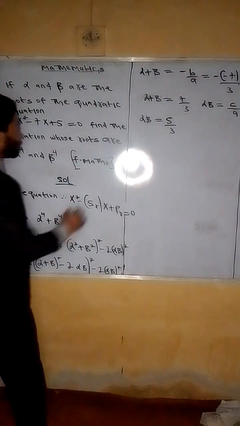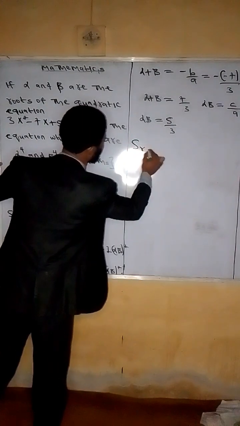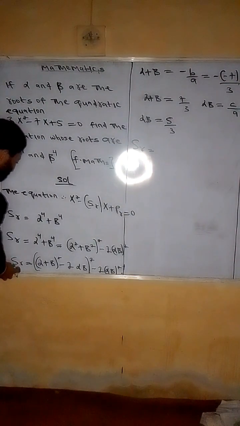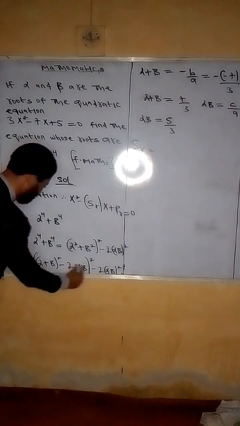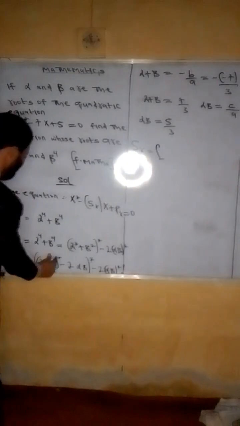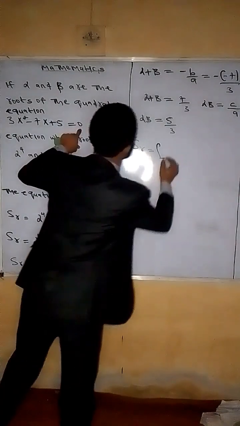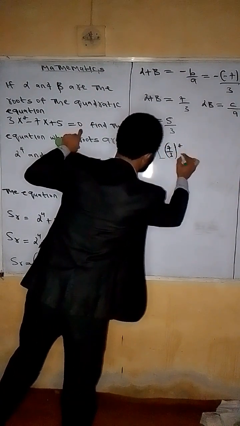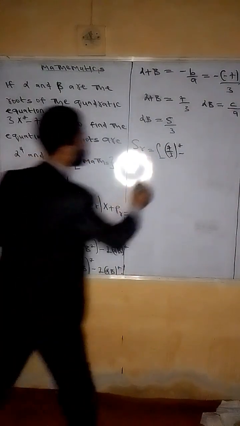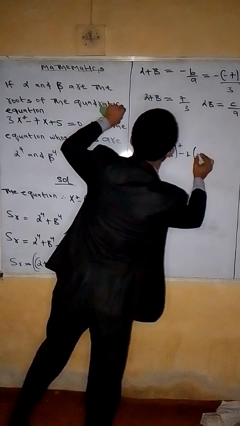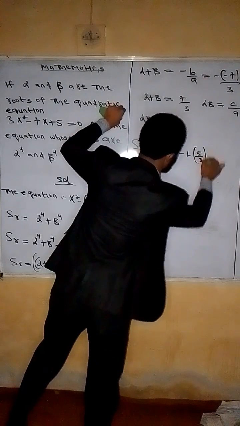So when we proceed, the sum of these given roots, alpha to the power 4 plus beta to the power 4, which is S, is equal to all these things here. Let us substitute. The innermost bracket, alpha plus beta, is 7 over 3, squared, minus 2 alpha beta. What is my alpha beta? Alpha beta is 5 over 3.